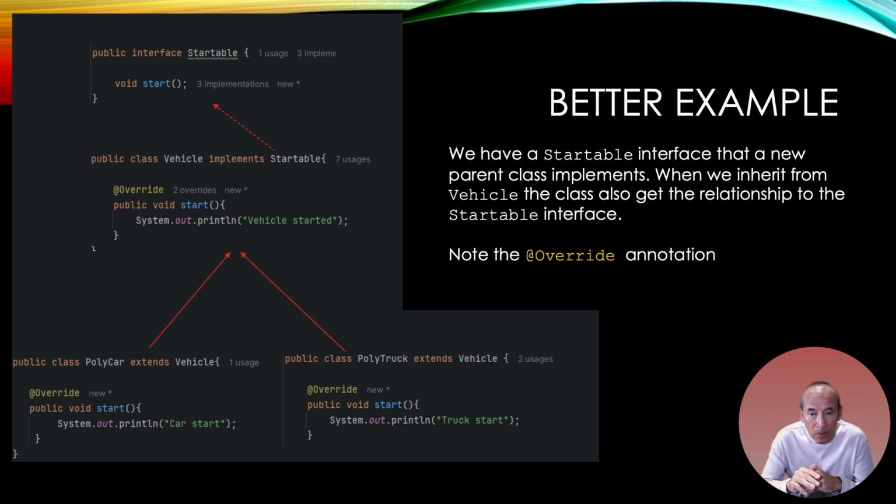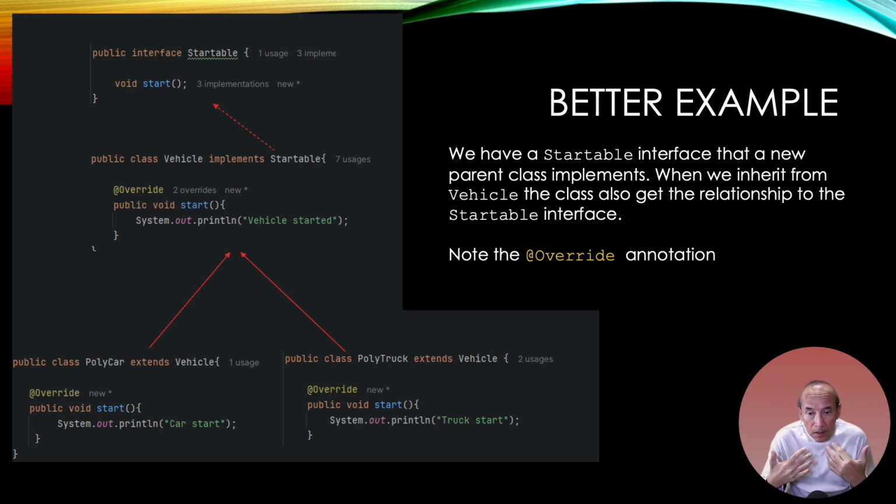Could I have the parent class implement, I don't know, a default startable? Sure. And then could my children override that? Sure. We can do that too. We could also have the vehicle not have a start. So that's possible too.